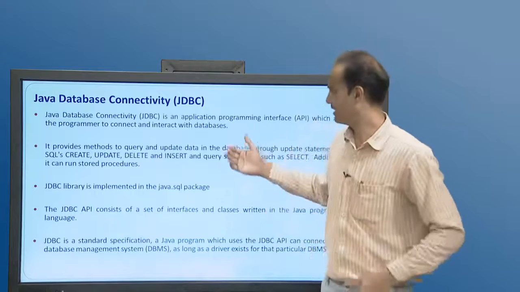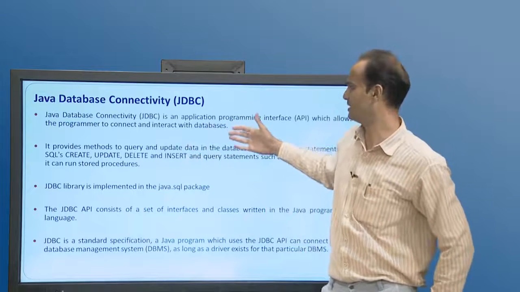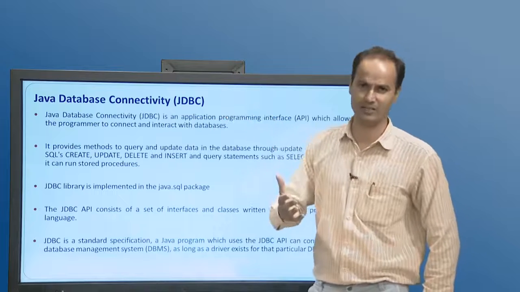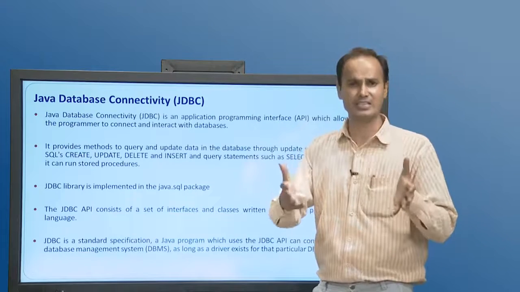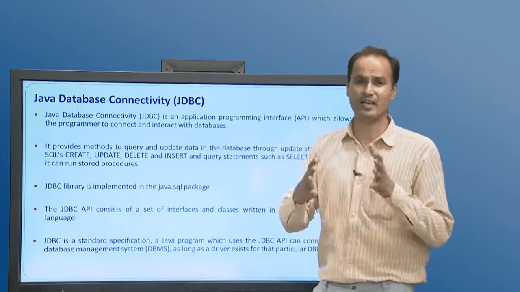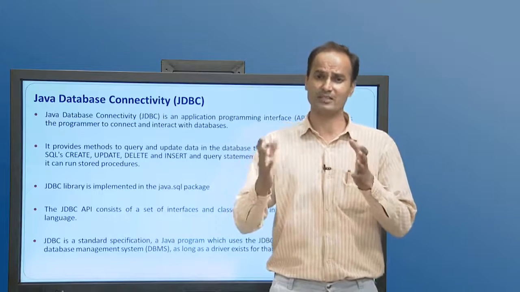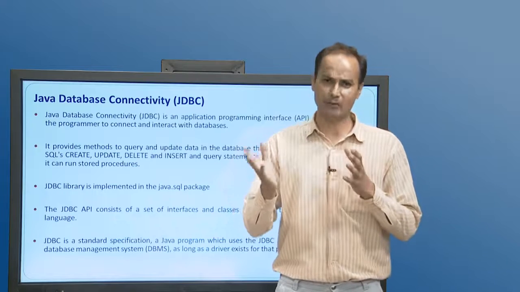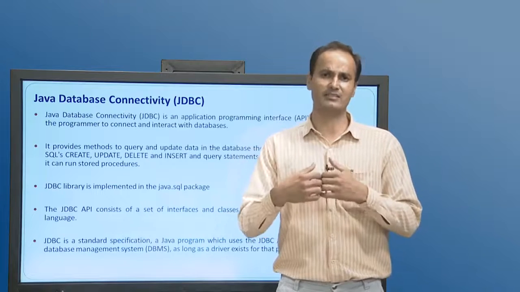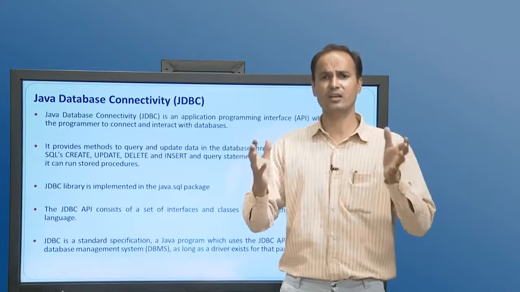Before that, let us see what exactly a database connection is. JDBC, Java Database Connectivity, is an API which allows a Java developer to perform database tasks like connection creation, firing queries, retrieving results, manipulating data and updating data.